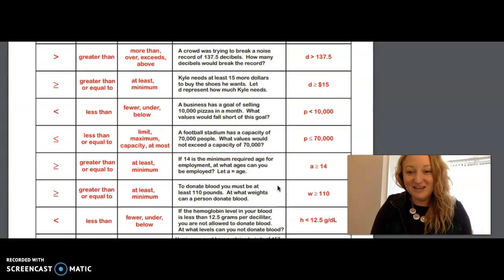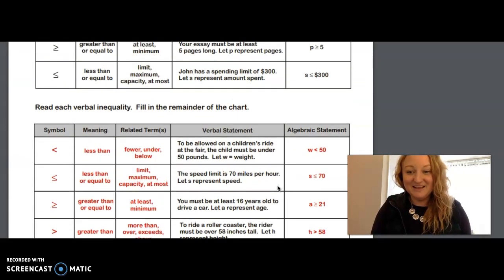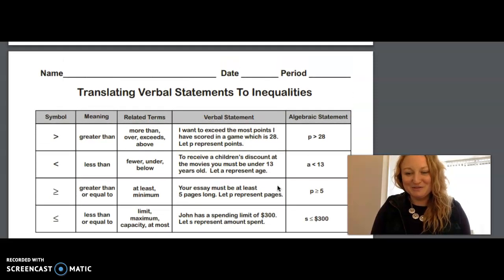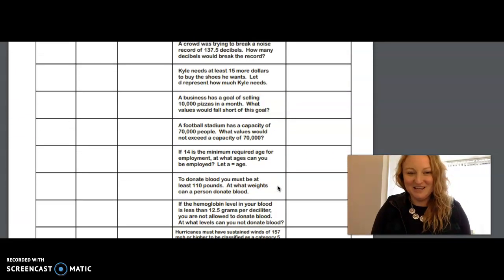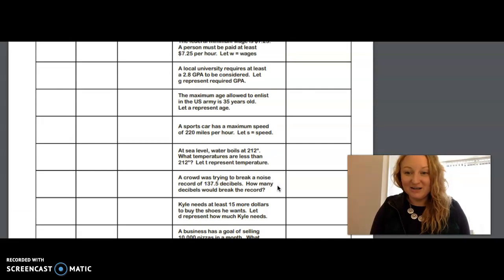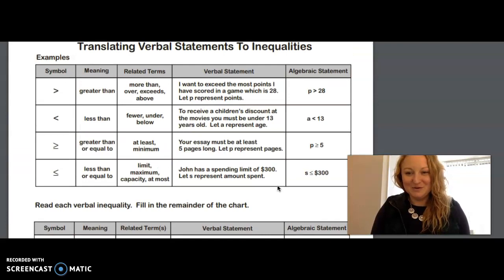There is an answer key, so if you really aren't sure about one and you want to check it, feel free to, but remember we are going to meet tomorrow at 11 on Google Meet. So try really, really hard to work through these without peeking down at that answer key. If you have problems or questions, just put a star next to that one and we'll be able to talk about inequalities tomorrow on our Google Meet.